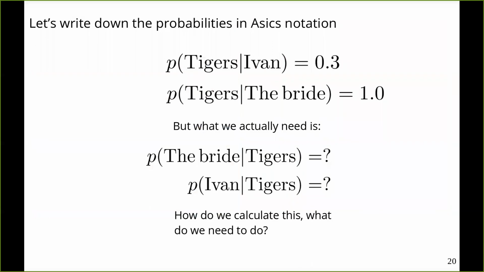So the probability of seeing the tiger's mark, given that Ivan did it, would be 0.3, and the probability of seeing the tiger's mark, given the Bride was there, would be 100%. But we are not looking for this.